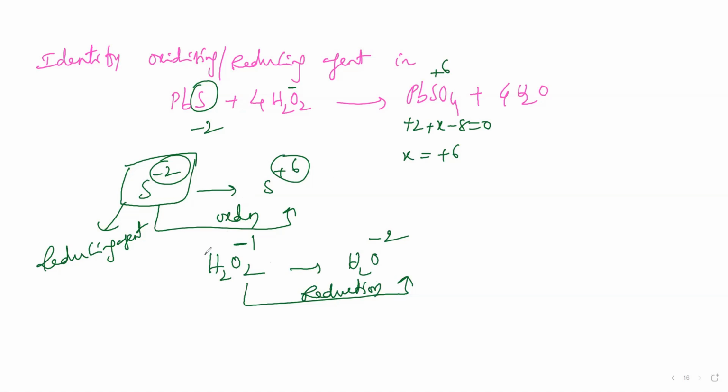If it is undergoing reduction, then it becomes the oxidizing agent. The one which is reduced is the oxidizing agent, and the one which is oxidized becomes a reducing agent. This is one more model, identifying oxidizing and reducing agents.